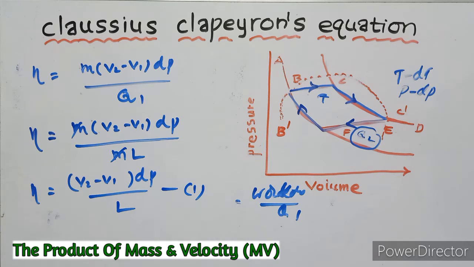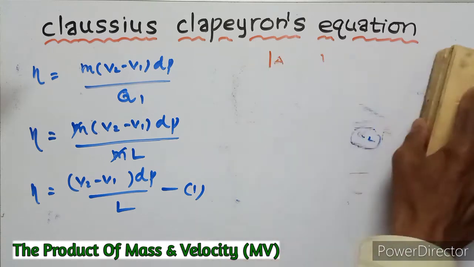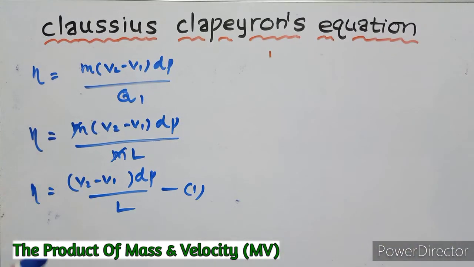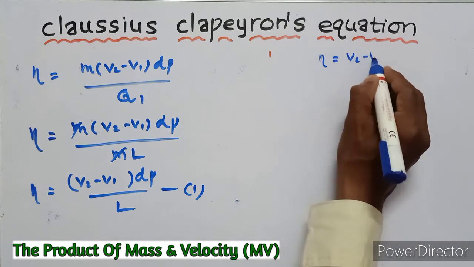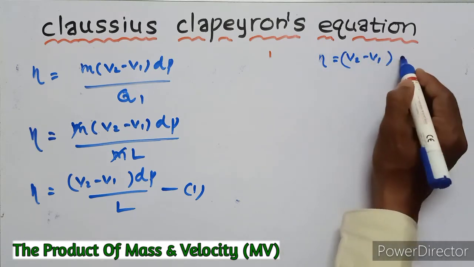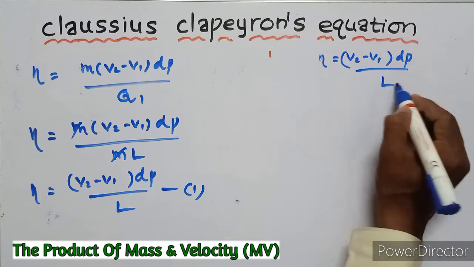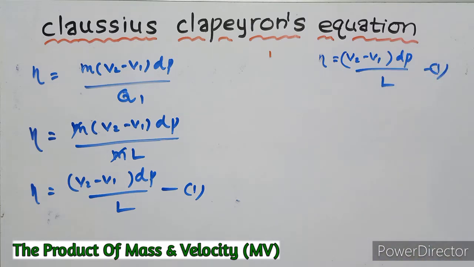Eta equals V2 minus V1 into dP upon L. This is the first equation.